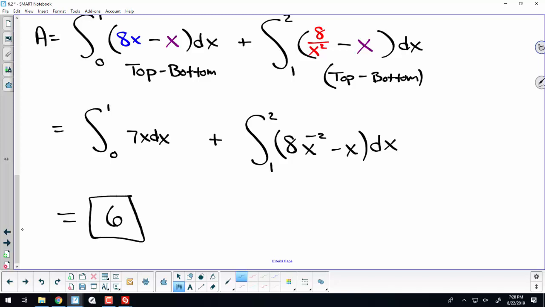So the answer is 6. Yeah. So I accidentally didn't see that you can subtract 8x minus x to 7x, but I still got 6. Is that okay?